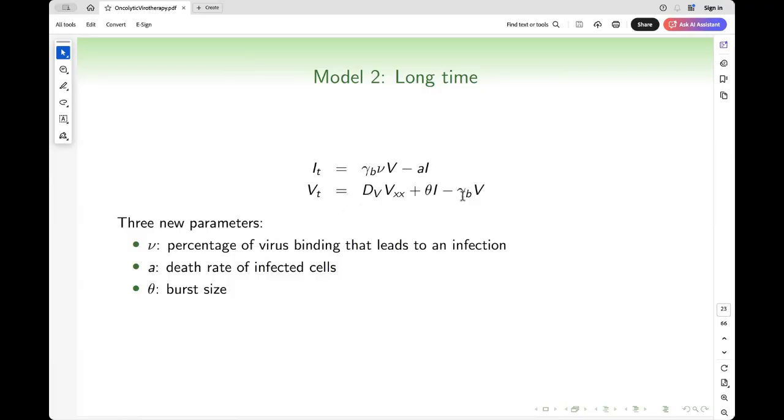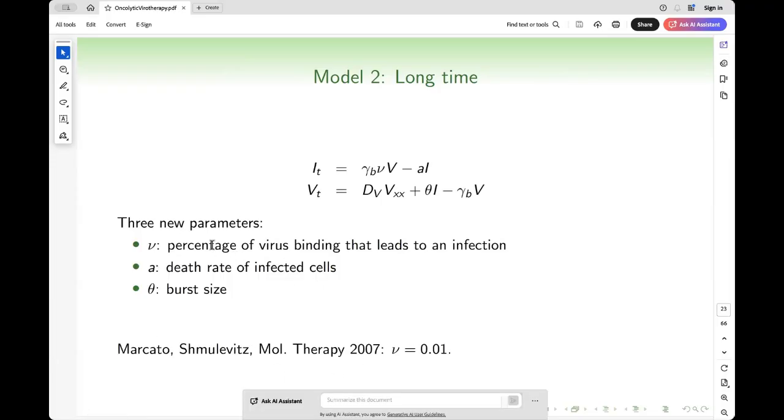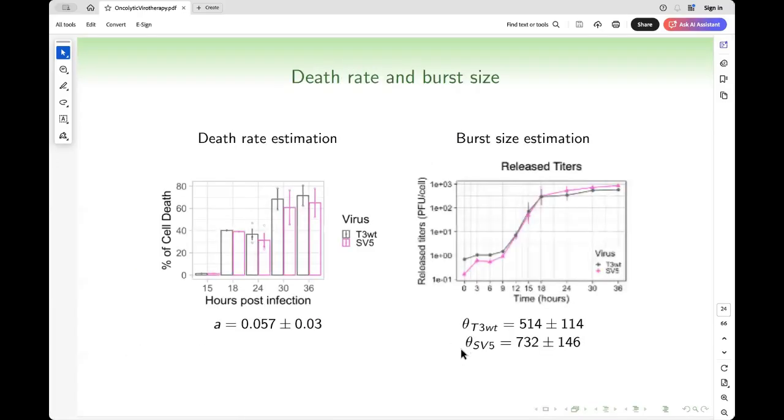The dV and the gamma B have already been estimated now, so this is good. Now, Shmulewicz, they published in a different paper this percentage of virus binding that leads to an infection is about 1 in 100, so 0.01. So this is done. For the death rate, we have experiments, percentage of cell death over time. So here we fit a logistic curve.